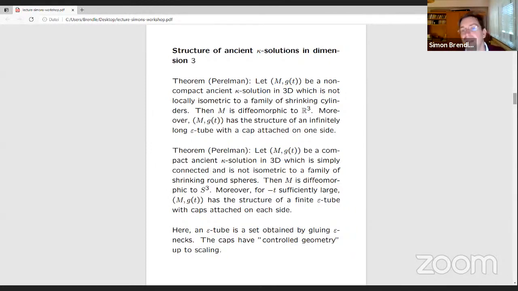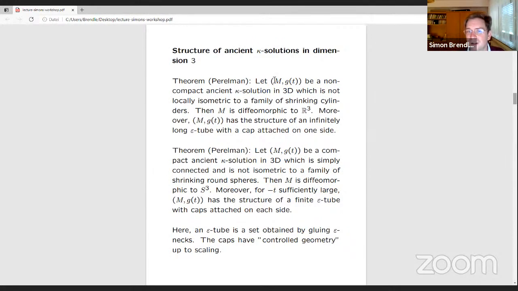Then Perelman proved this structure theorem, where he qualitatively described what they look like. There are two versions of this result. There's a version in the non-compact case, and this is the one used in the proof of the Poincare conjecture. And then there's a companion theorem in the compact case, which I will describe next.